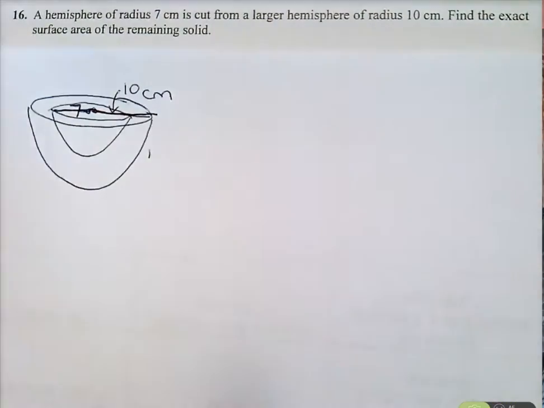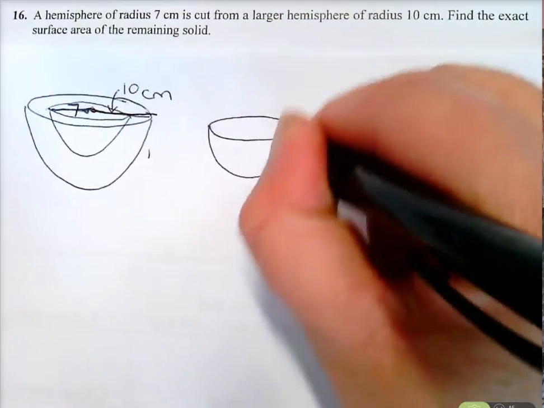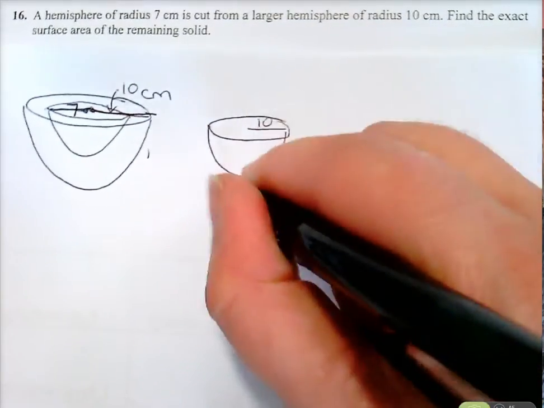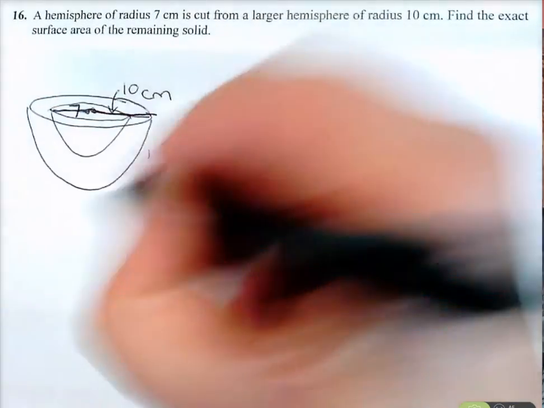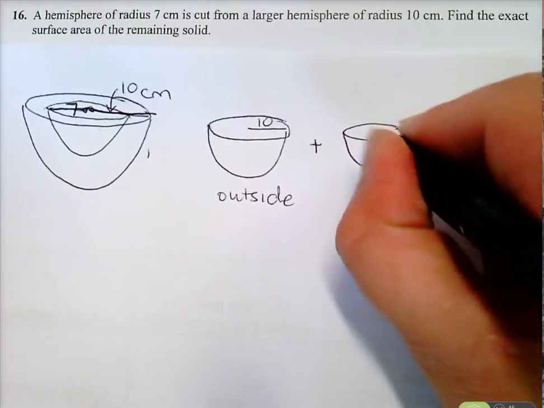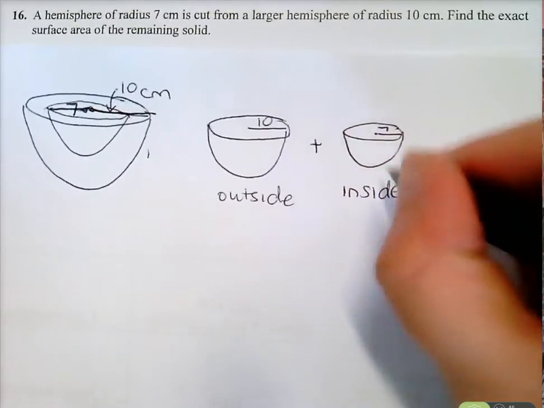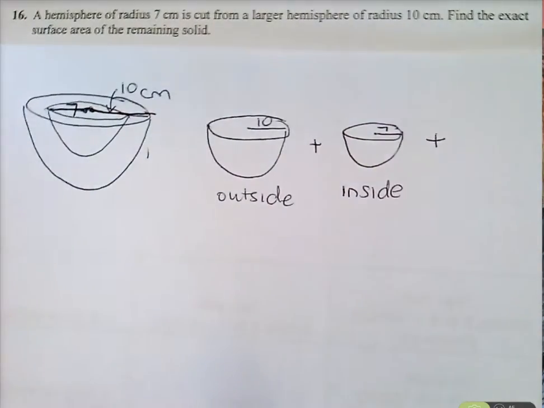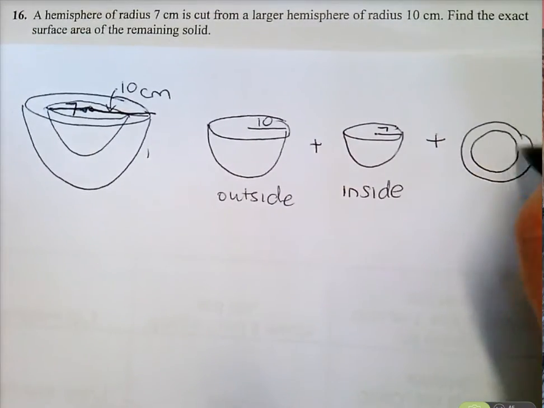So you've actually got 3 surfaces that you will be able to see. The outside of the bowl, which has got a radius of 10. That's all around the outside. Then we can also see the inside of the bowl, which has a radius of 7. Plus, if you stand over the bowl, you will see an annulus.